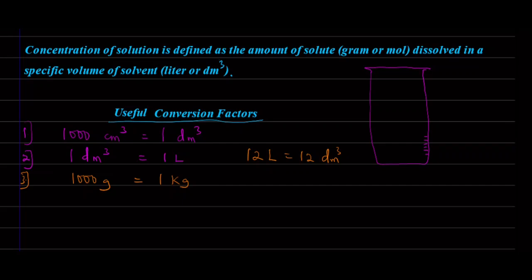Now, let's consider another conversion factor, which is 1 milliliter is equal to 1 centimeter cube. These are the useful conversion factors that we have in concentrations of solution. Now that we have looked at them, let's move to the next section, which is concentrations expressed in chemical units.